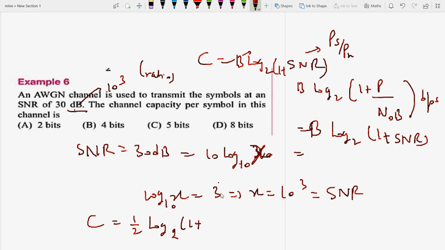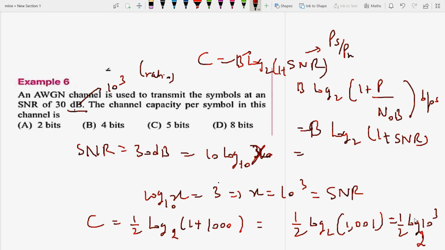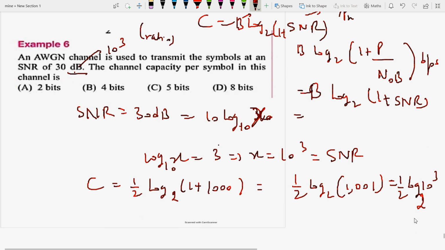It is 1000, so it will be half log base 2 of 1001, which is roughly half log base 2 of 10 cube. Now you calculate it, and it will be around 5 bits per symbol. The answer is 5 bits.